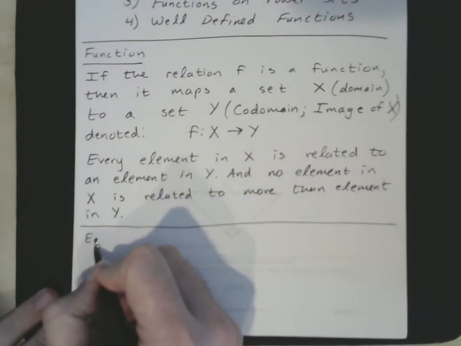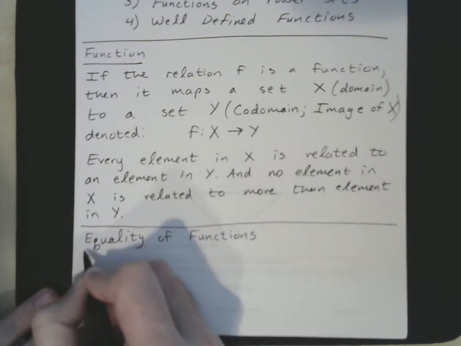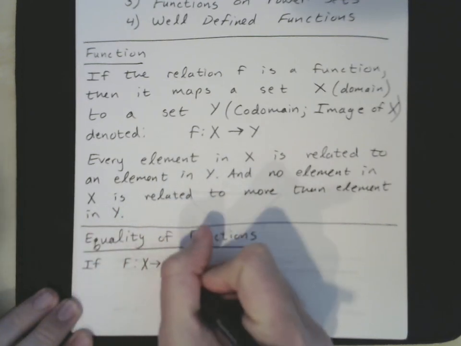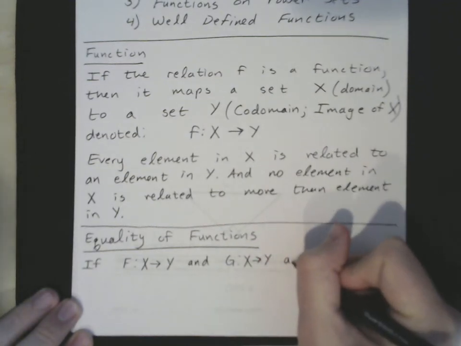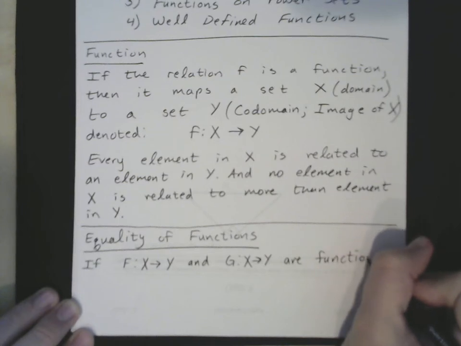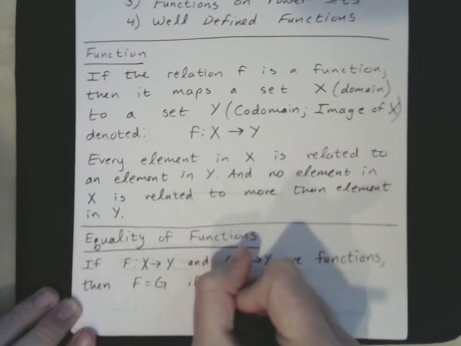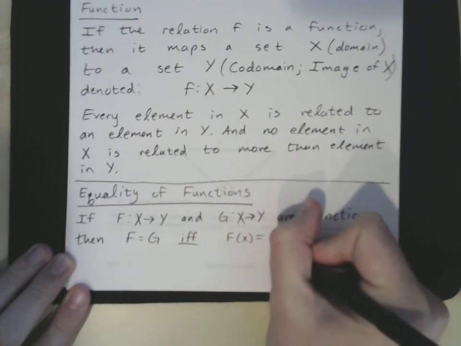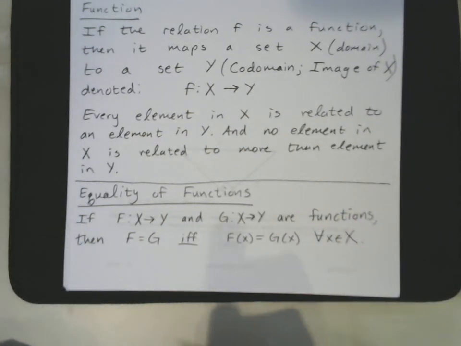So the next thing we want to talk about is equality of functions. Again, from a set theory perspective, if capital F that maps x into y and capital G that maps x into y are functions, then f equals g if and only if, remember that's my shorthand because I'm lazy, f of x equals g of x for all little x in capital X. So every single output element in the codomain has to come from the same element in the domain.